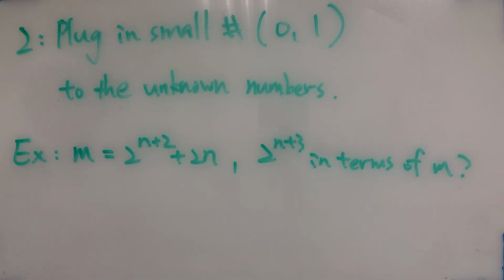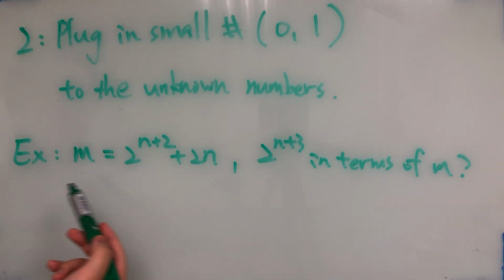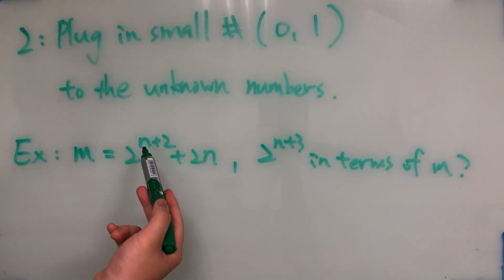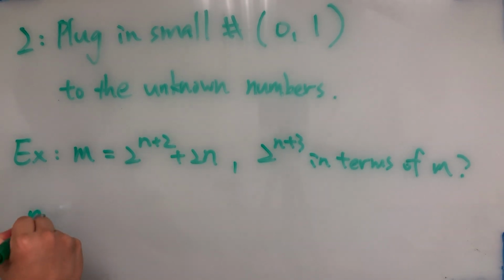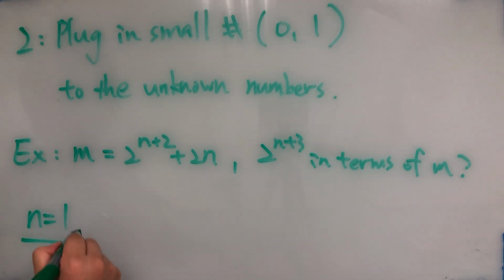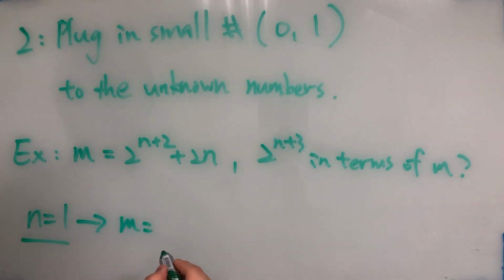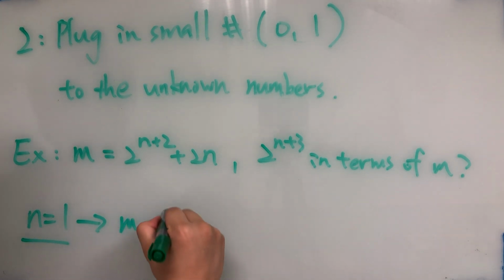Okay. Now I'm gonna go right in. So we do have a lot of unknown numbers here. Let's say I want to make n 1 because that would make things a lot easier, right? Let's assume n equals 1. And in this case, m would be this.